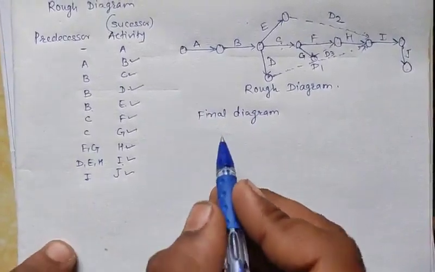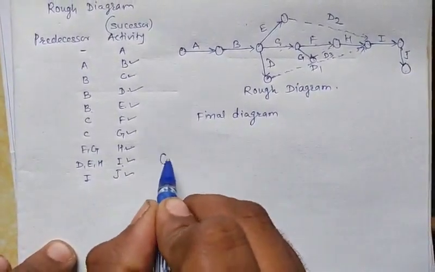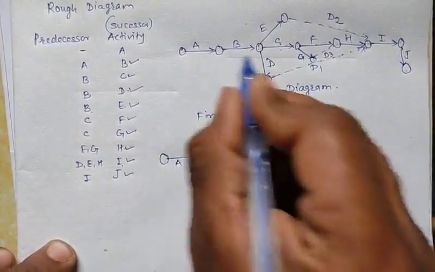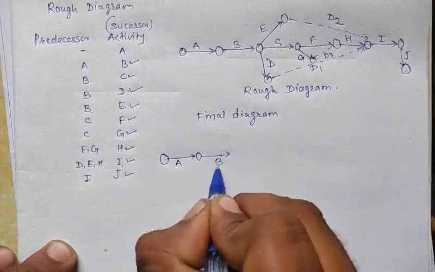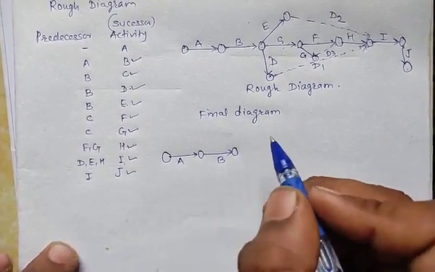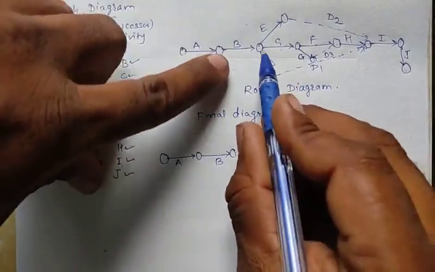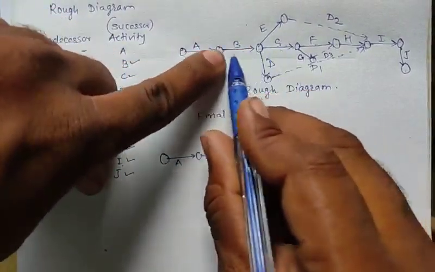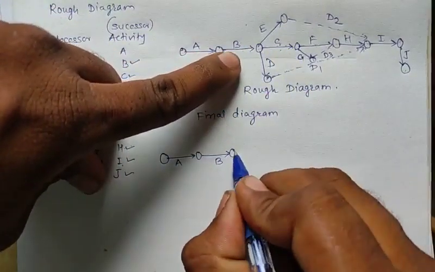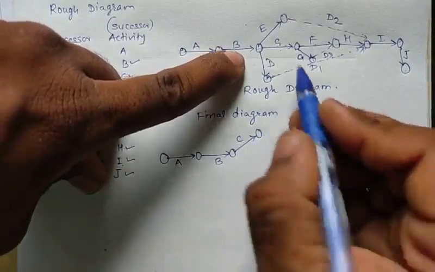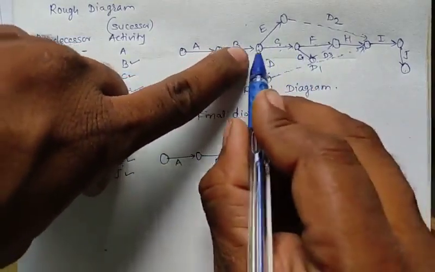Now to make the final diagram, this is first activity A. Next is activity B. If I draw like this, this is C here, and A goes to B, B goes to C.